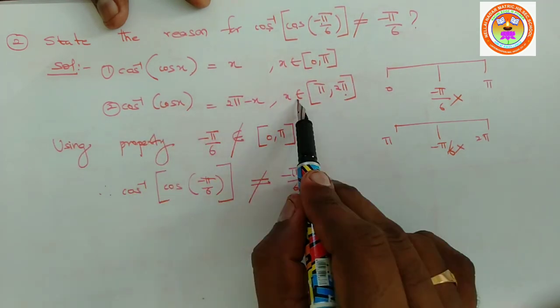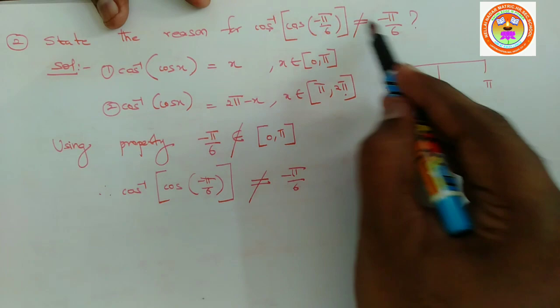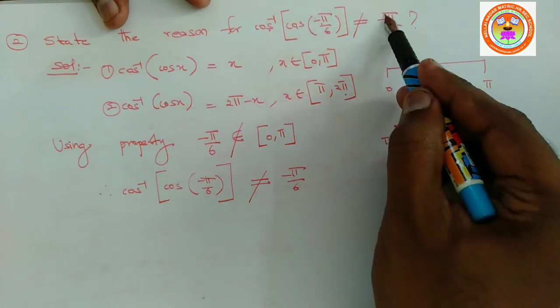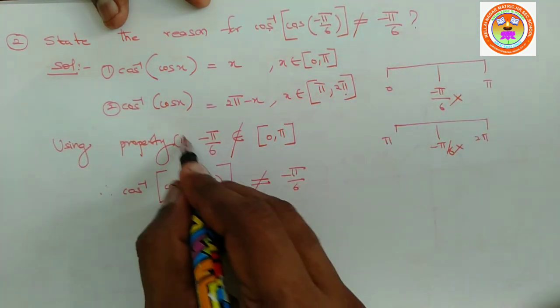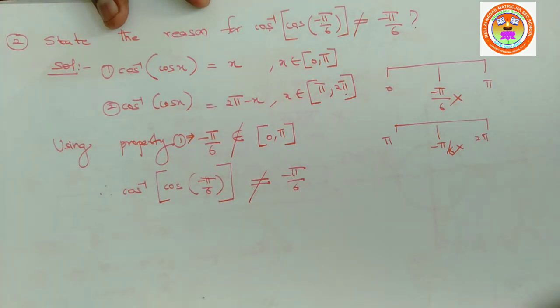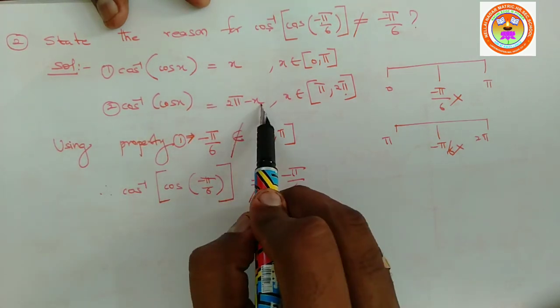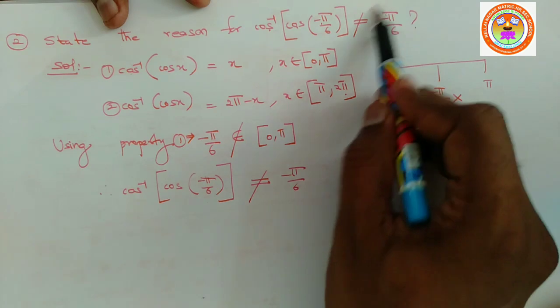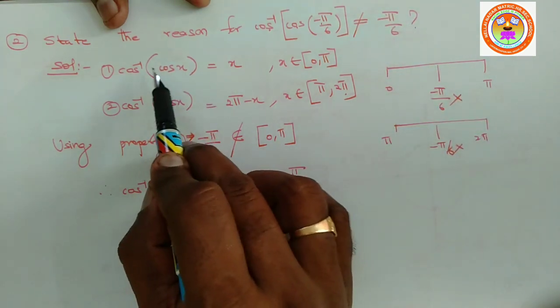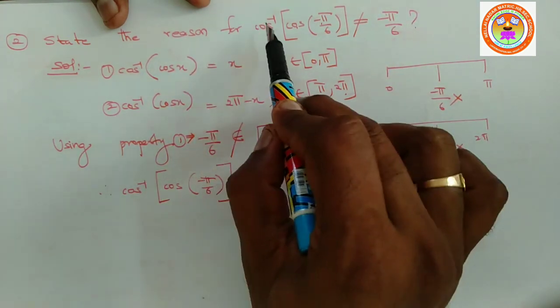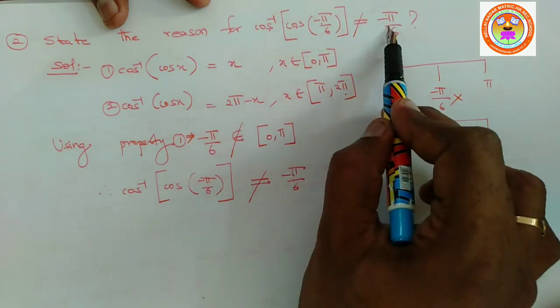I can't use the second property because this is minus pi by 6. I can use only property 1. Why can't I use property 2? Because 2 pi minus x, 2 pi minus 6 is not within our answer. So cos inverse of x is equal to x only in that range.